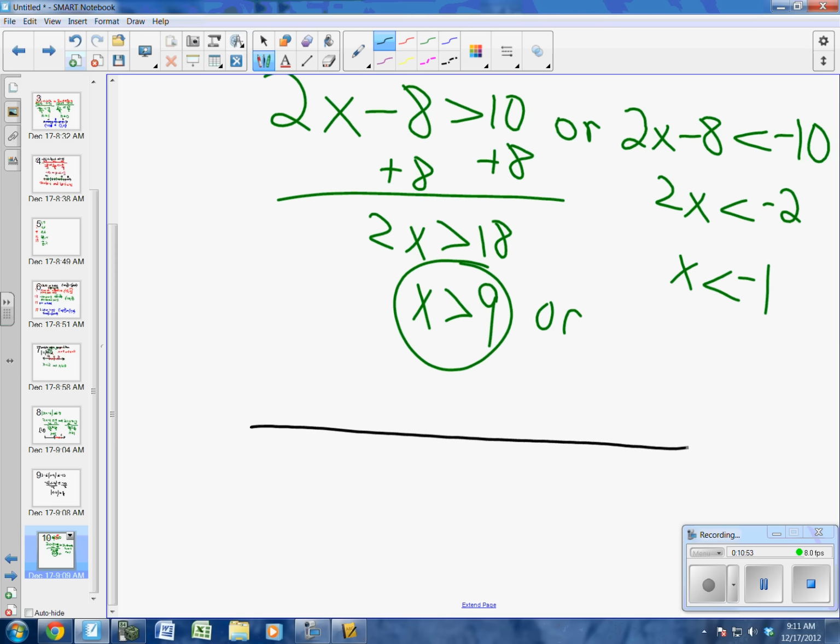If we graph this, let's say this is negative 9. Let's say that's 0. There's negative 1. What's this one going to look like? Hollow or solid circle right here?